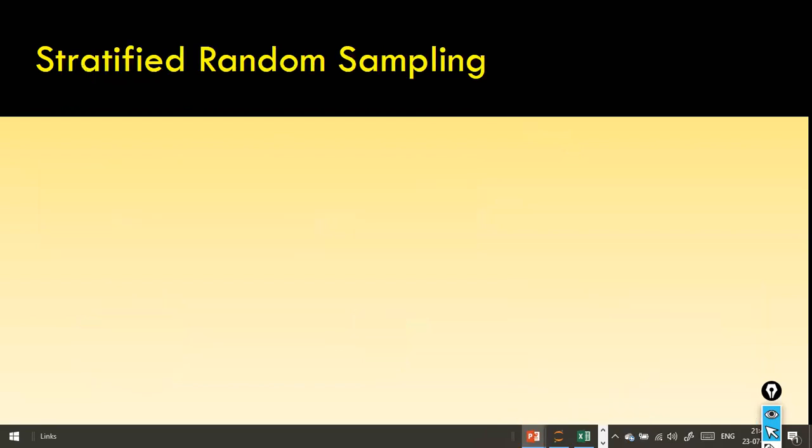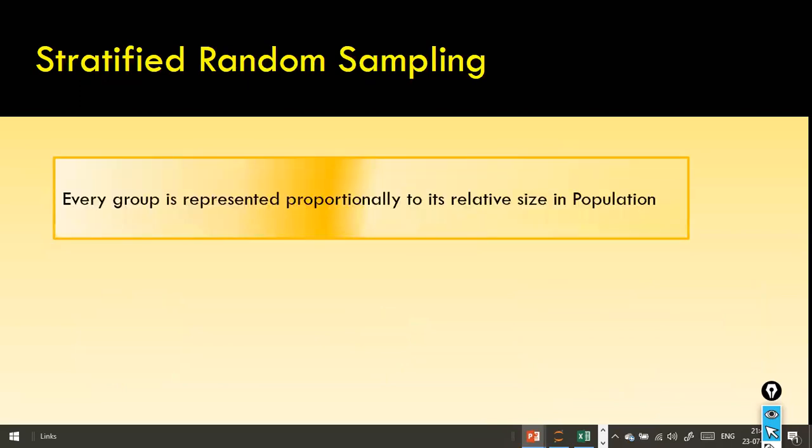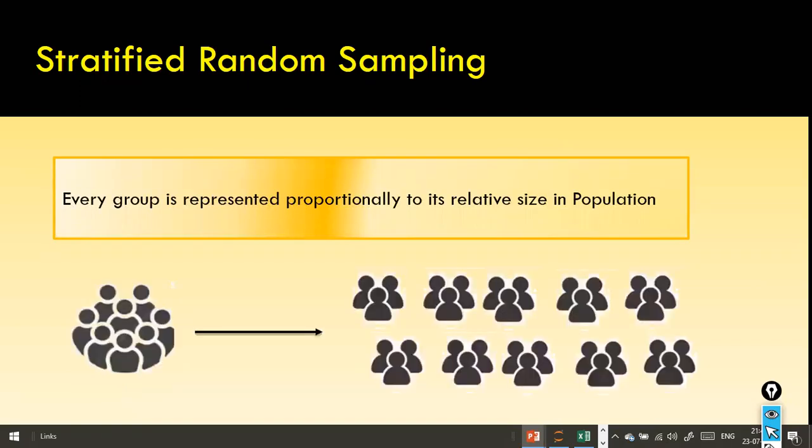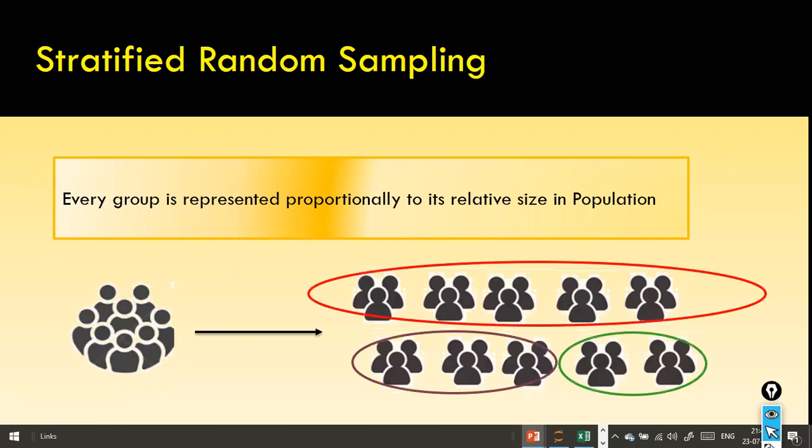And next one is stratified random sampling. So every group is represented proportionally to its relative size in population. For example, this is your population, and you have 3 different groups of people out there, okay? So here, in this case, how do we draw the sample? We have divided this entire population into 3 different groups.